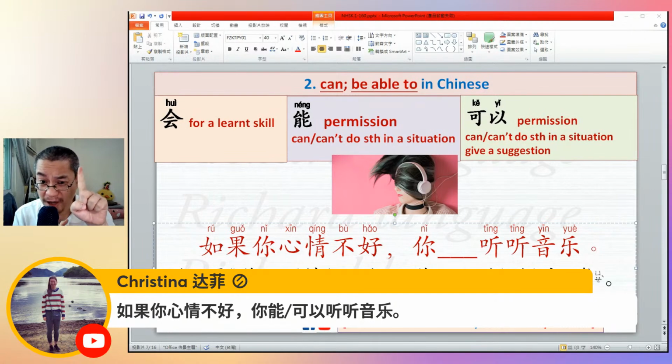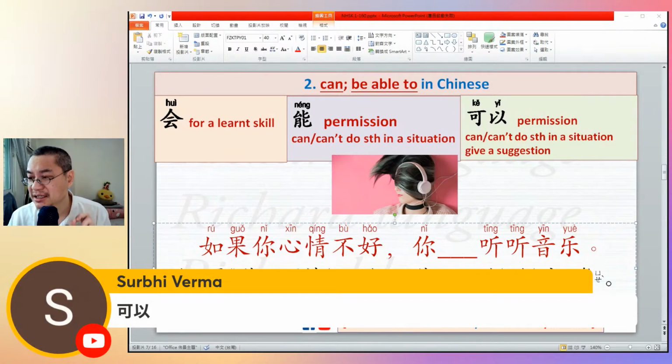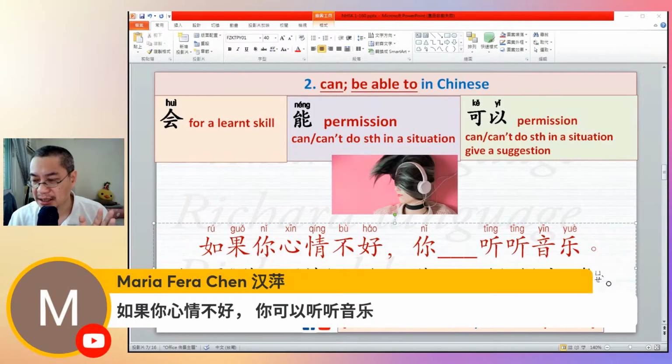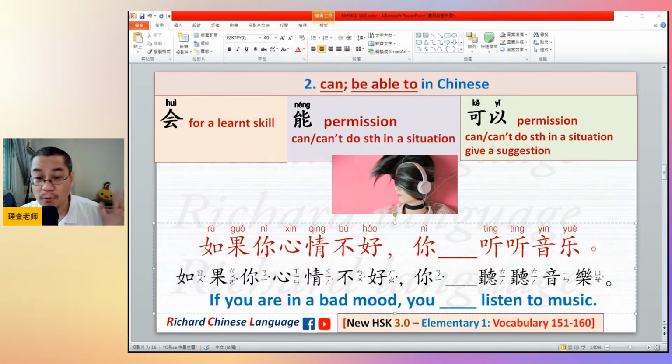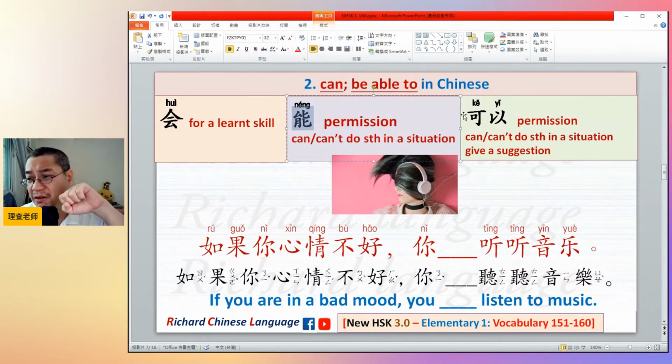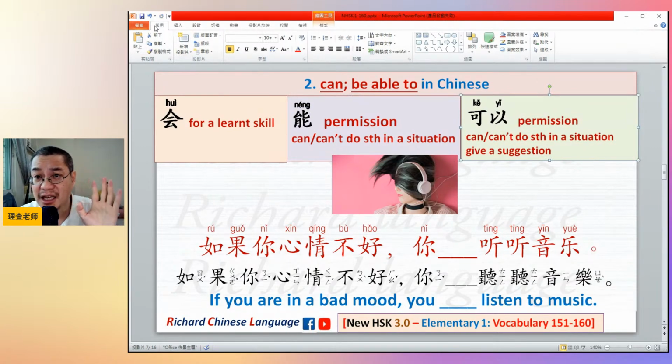We only have one answer in this question. 可以。如果你心情不好，你可以听听音乐。Very good. Okay, why? Why can't we choose the others? Why can we only use 可以 here?